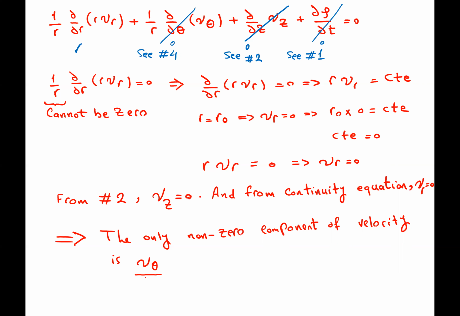So when we are after the velocity profile, we are actually just after v theta. That tells me that the next step of my solution should be writing the Navier-Stokes equation in cylindrical coordinates in the theta direction. So I'm going to write down the theta component of the Navier-Stokes equation in the next slide and work on it, simplify it using the initial information that we have to find out the velocity profile, which is actually this v theta.